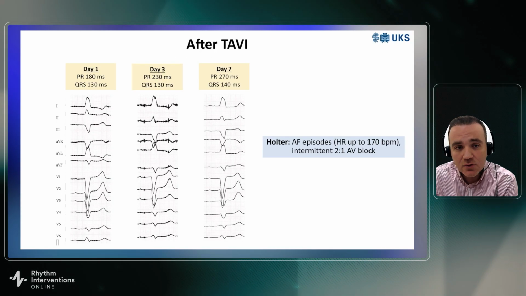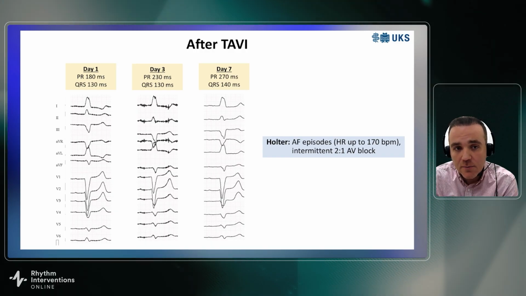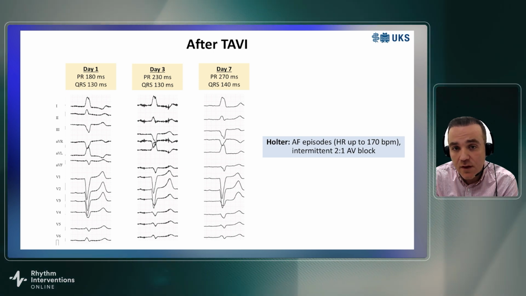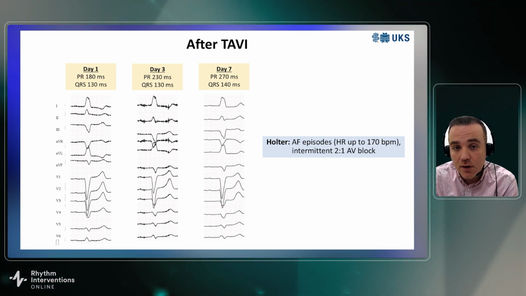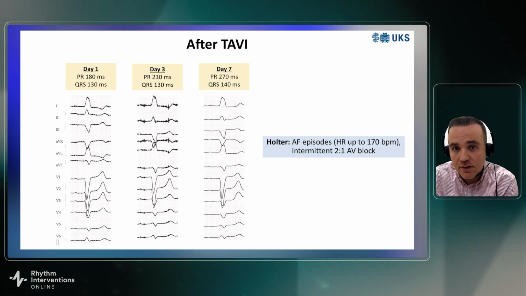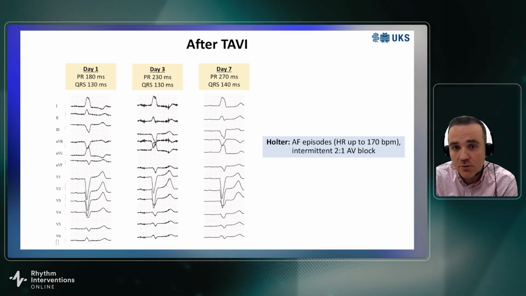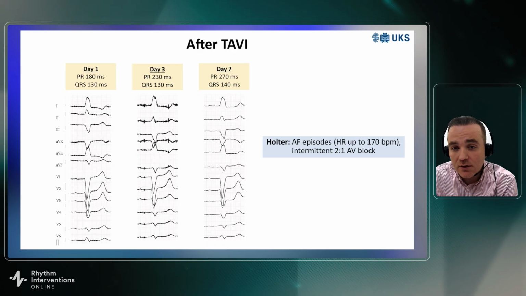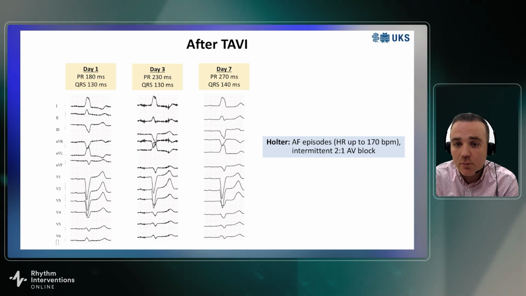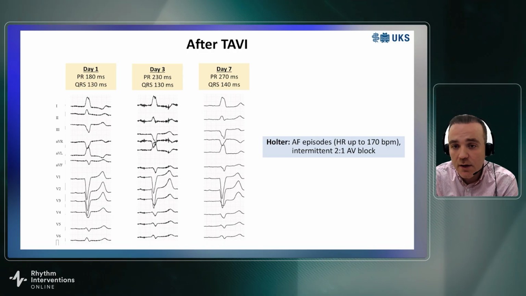After TAVI on day 1, she developed a new left bundle branch block with a QRS duration of 130 milliseconds. And here we can see on day 3 and on day 7, she experienced a further prolongation of her PR time. The last PR time was 270 and a QRS duration of 140 milliseconds. Her Holter ECG showed many AF episodes with a heart rate up to 170 beats per minute and intermittent 2-to-1 AV block.